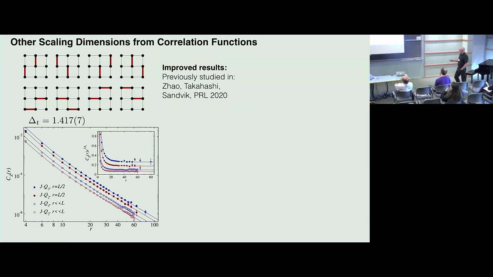But anyway, the correlation function of this kind of operator, the sum of all of this correlated with one at some distance r away, is shown here for both the JQ2 and JQ3 model, and also both at distance r equals L divided by 2, for small systems, and also for r much less than L on big systems, up around 300 to 400, something like that. And you see that they all behave in the same way, and that gives the scaling dimension here, which is basically the slope eventually here.